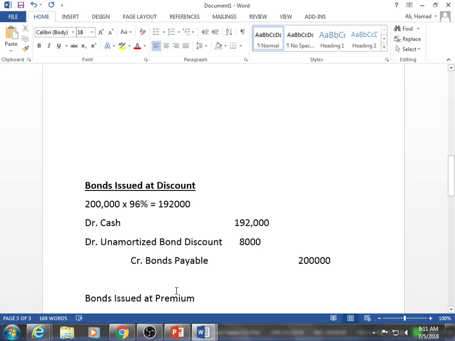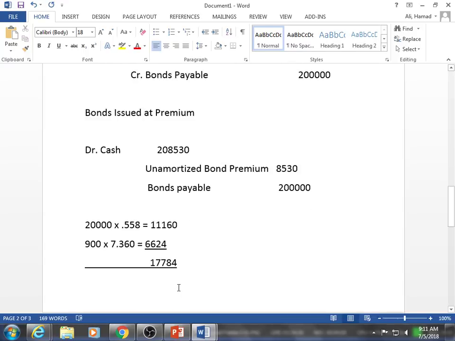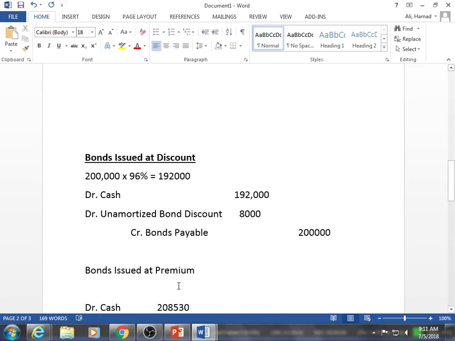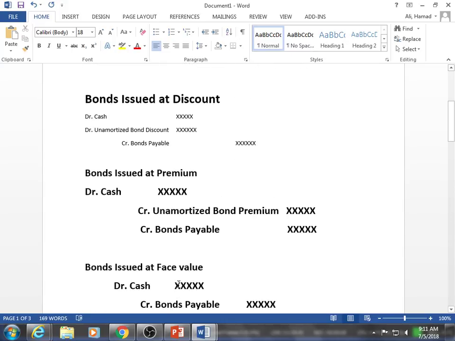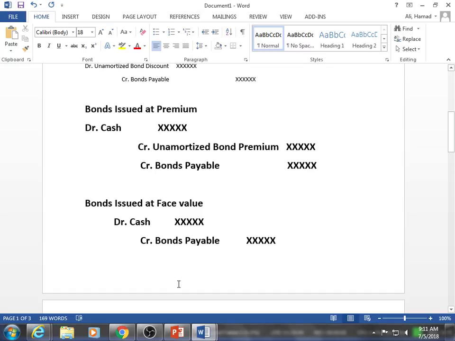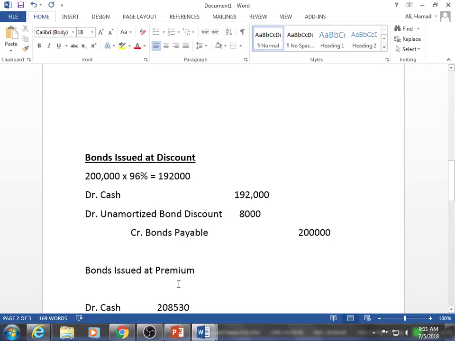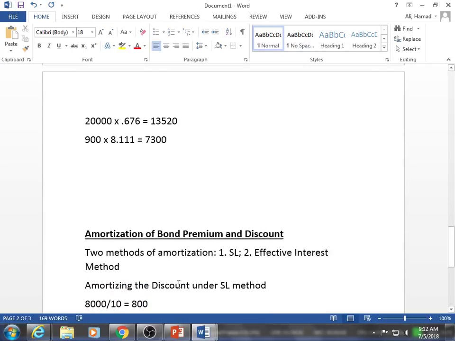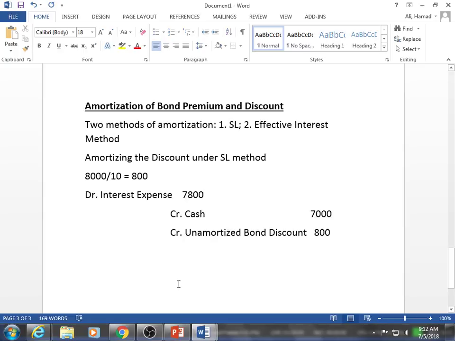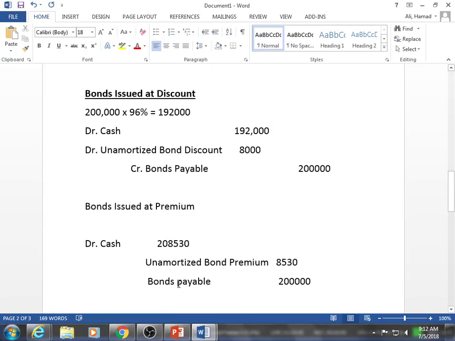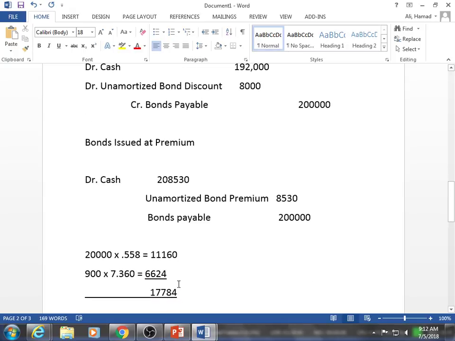If you go back to the bond issued at premium, the carrying value is 20,830.